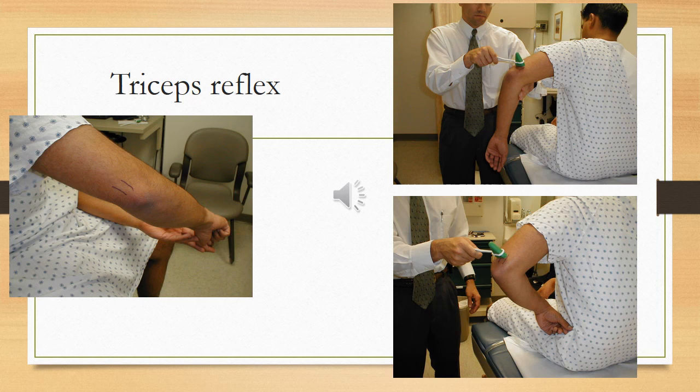As you can see in the other pictures, just tap with the flat side of the hammer on that area, while the arm and the forearm are relaxed.